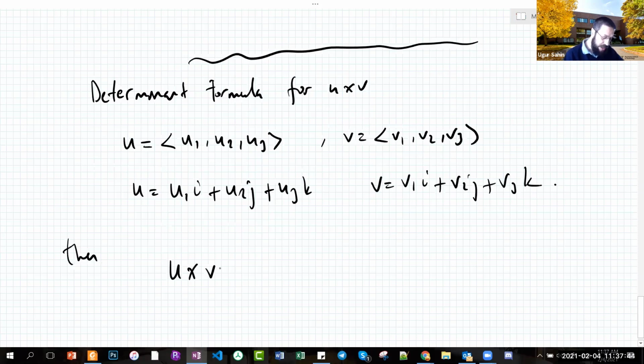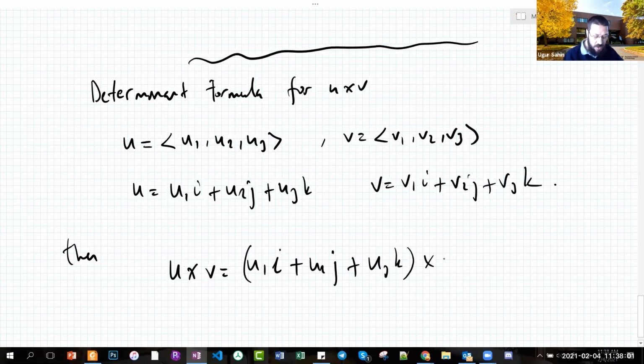How could I multiply these two vectors then? U1 i plus U2 j plus U3 k, times V1 i, V2 j plus V3 k.